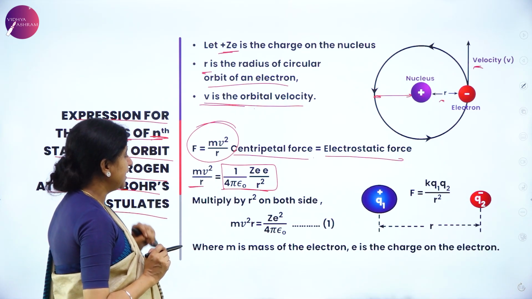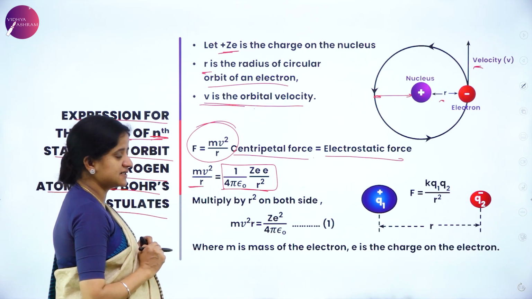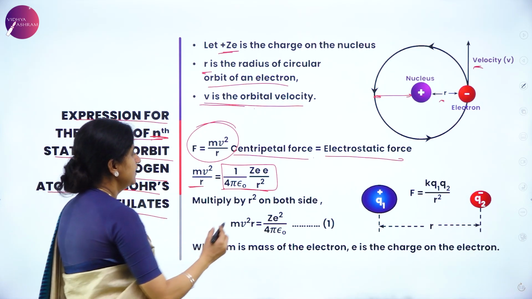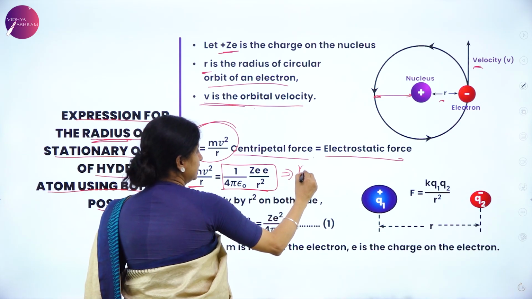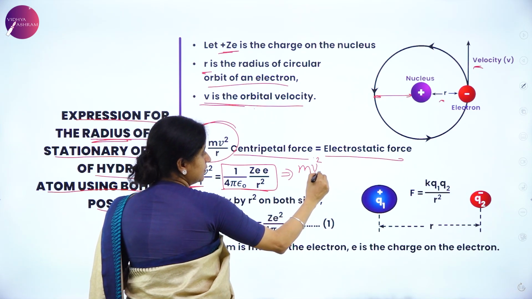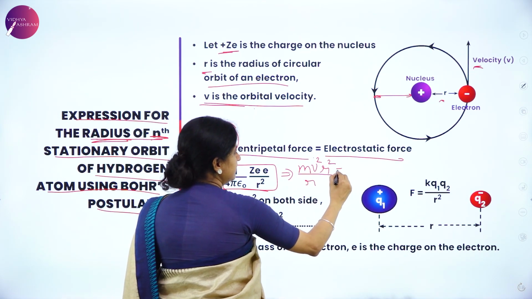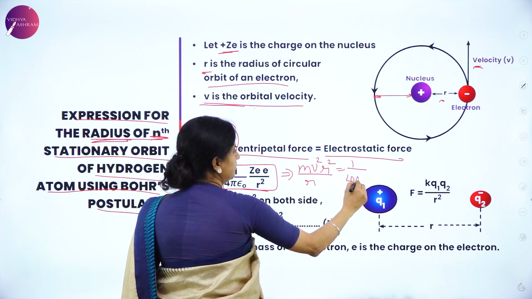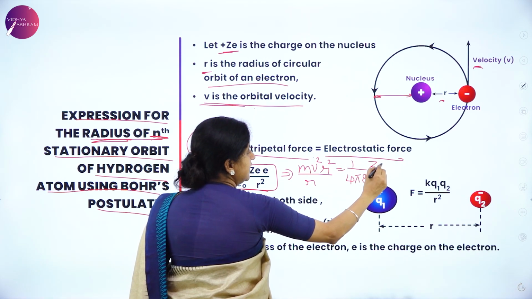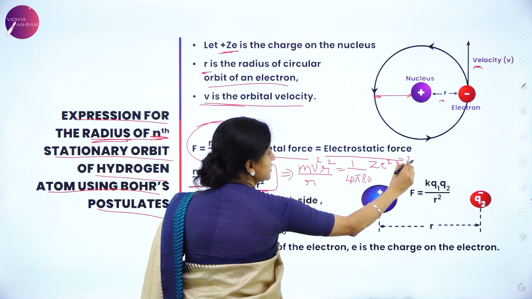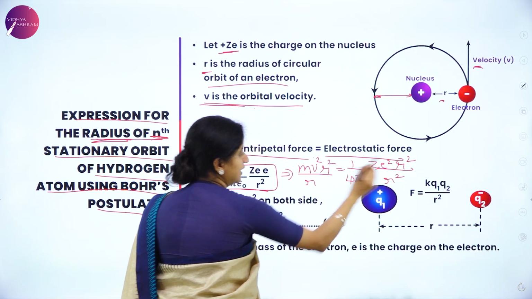Now let us multiply r square on both sides. What do we get? We get mv square r square divided by r, which is equal to 1 by 4 pi epsilon naught Ze square r square divided by r square.